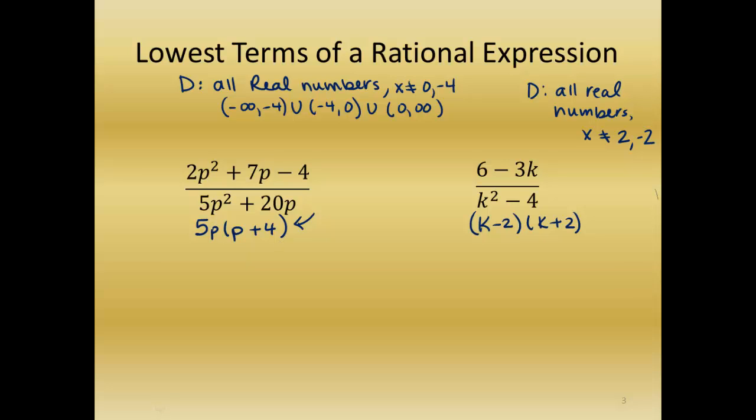We've already factored the denominator in this process, so now I'm just going to have to factor my numerator. So if I were to go ahead and factor this numerator, 2p and a p, then I would have a 4 plus and a minus 1. So that would leave me with 2p minus 1 and p plus 4.